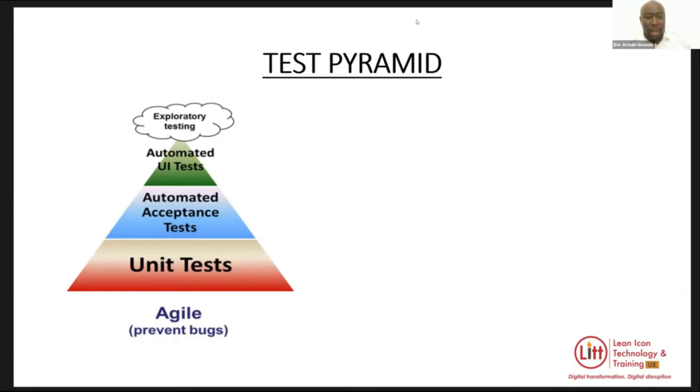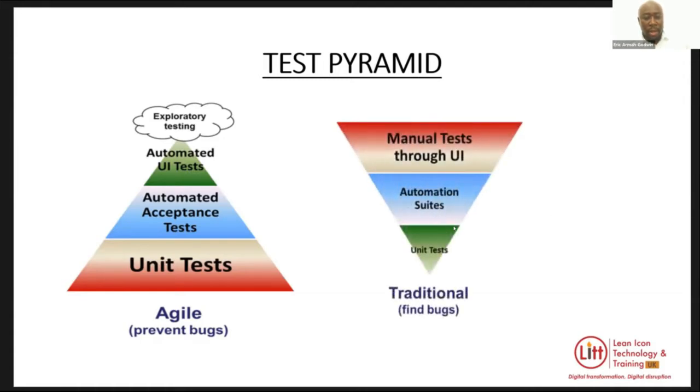If we look at the traditional one, you'll find that fewer tests are done at the bottom, where the unit tests are, and then in the middle there is a bit more of an automation suite, and then loads of manual testing done at the top.